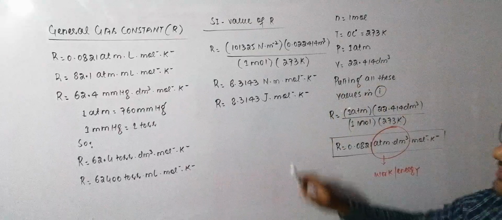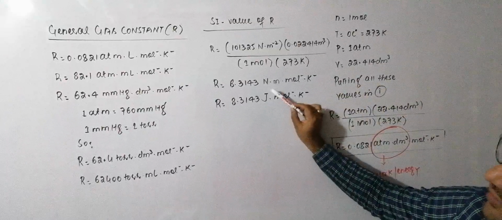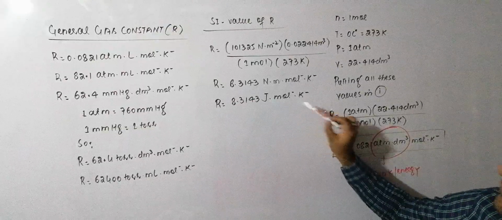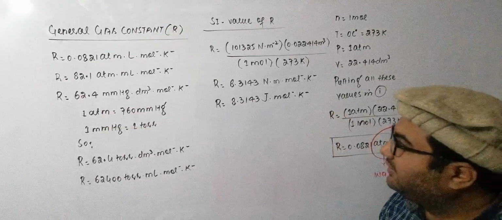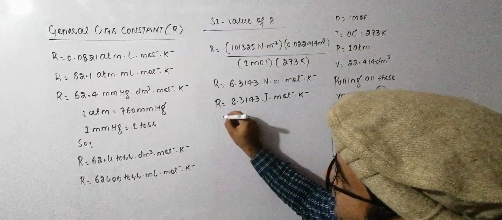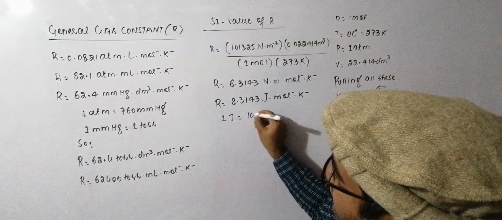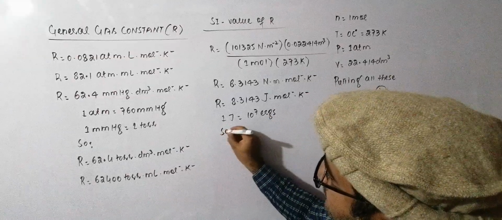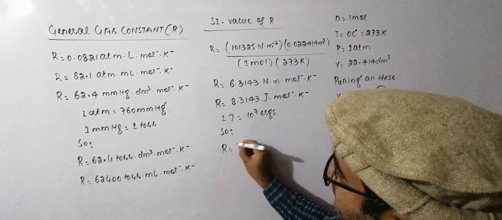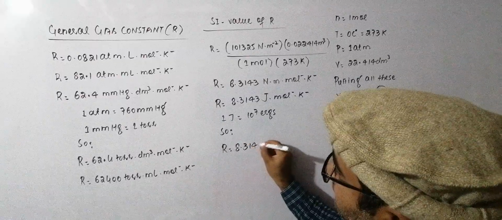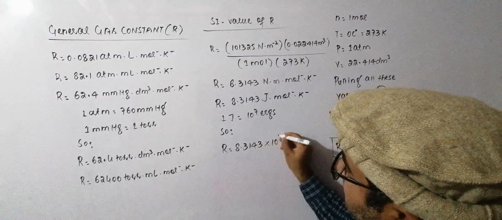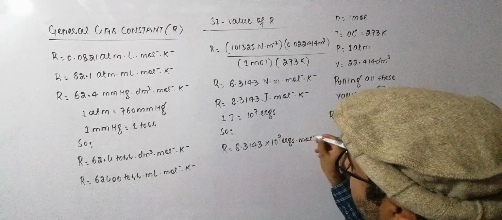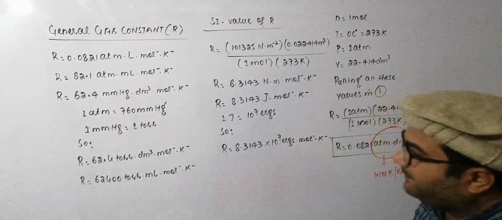Now look at this, it is the value of joules which will be required to raise the temperature of 1 mole of a gas by 1 Kelvin. And you know 1 joule is equal to 10 raised to power 7 ergs. So R is equal to 8.3143 into 10 raised to power 7 ergs per mole per Kelvin.